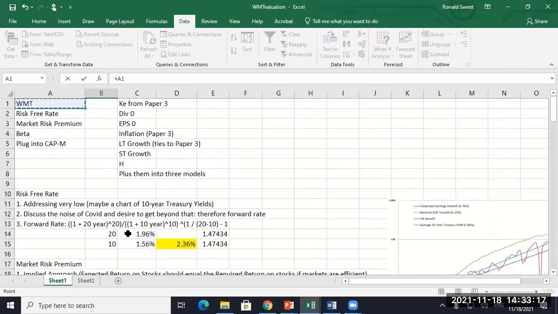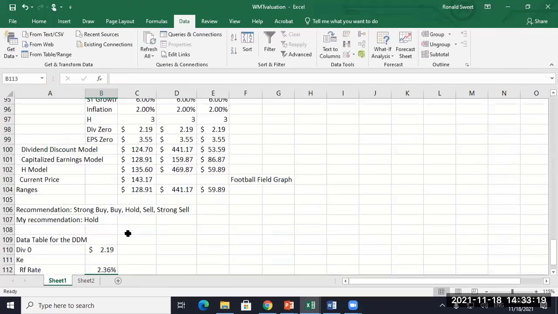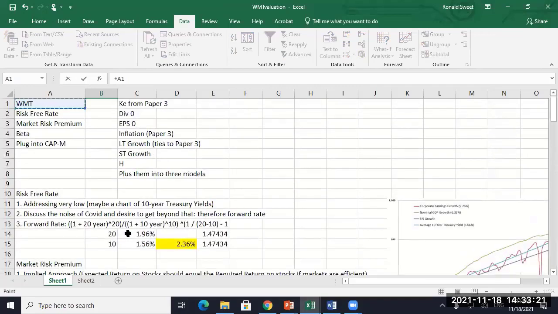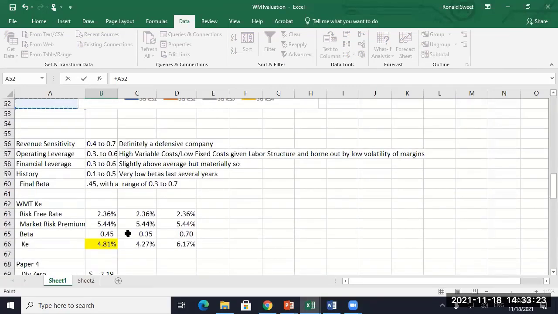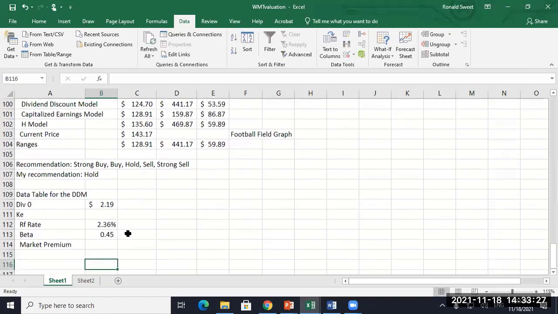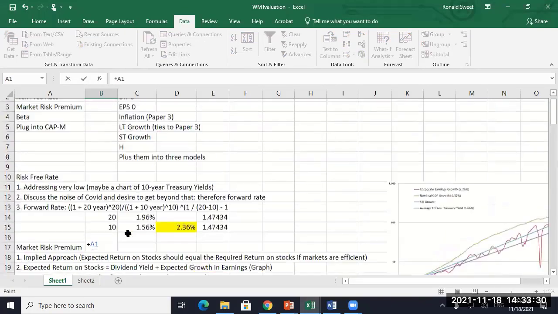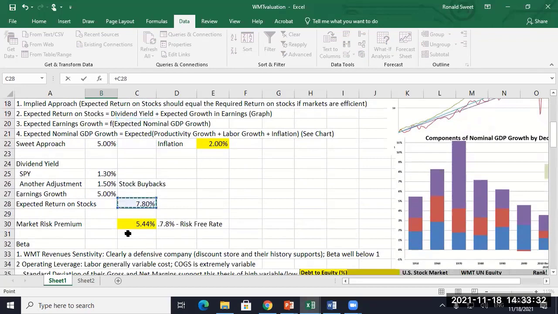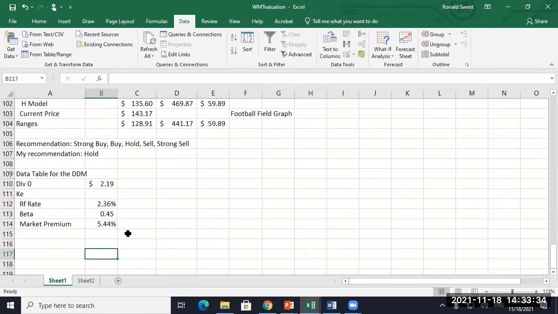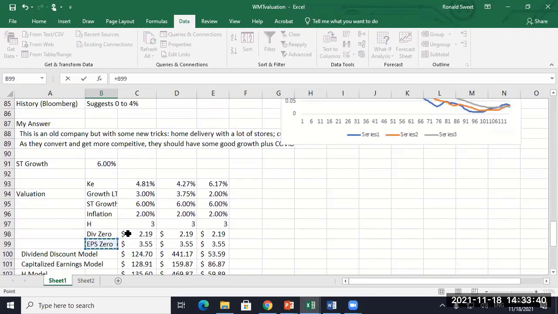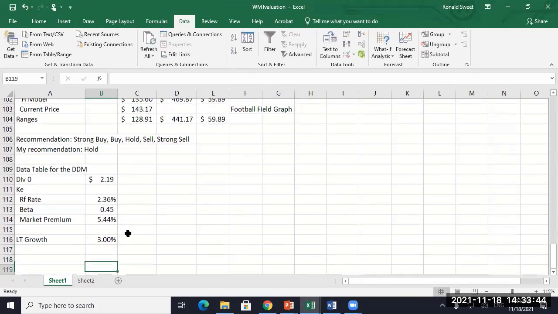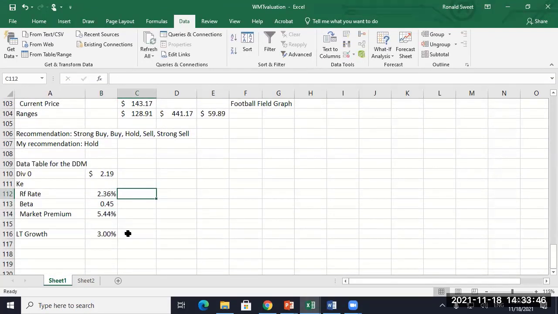Our risk-free rate was what, 2.36. Our beta, I forget what we finally decided, pretty low beta. I think that's the reason why we're getting such high numbers, 0.45. And a market risk premium, I don't remember, but it's in here somewhere. There it is, 5.44. And then we have long-term growth, and I don't remember what we used there, but I can go find it up here. 3%, pretty low number. All right.